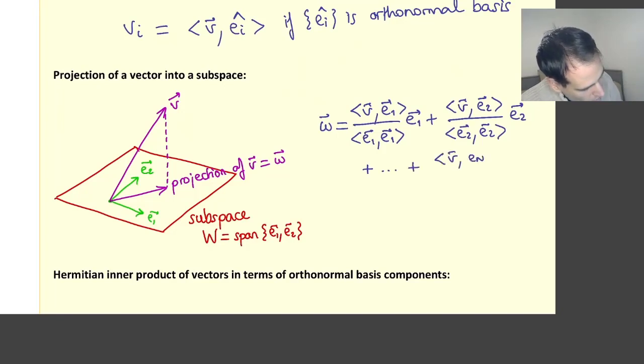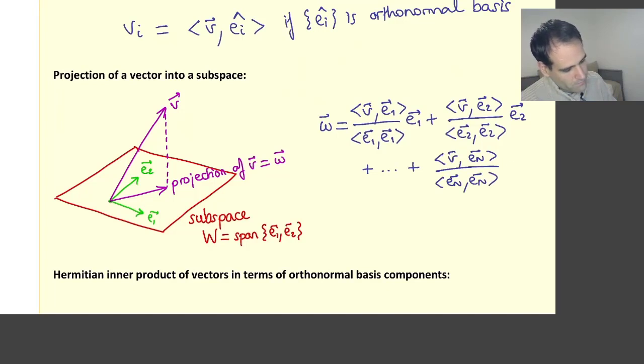So in general, although in the picture I drew a plane given by two vectors, in the general n-dimensional case we could have n vectors e1, e2, e3 up to en, and we want to project a vector v which is outside of this n-dimensional subspace into this n-dimensional subspace. That's why we need to consider n different terms. And this is the recipe for the projection.